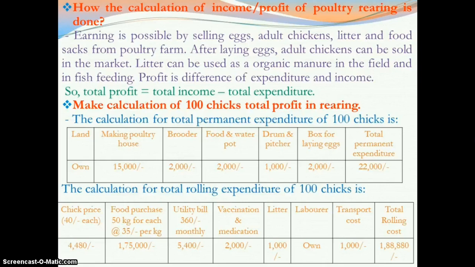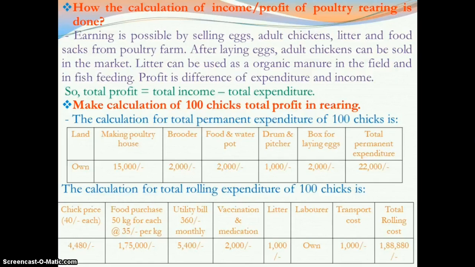Utility bill, if we take 360 per month, is 5,400. Vaccination and medication, total we have calculated, is 2,000. Litter, that is the poultry bed, is 1,000 taka. Labor cost, if we think that the farmhouse owner himself is involved in the farm, then there is no cost. Transportation cost should be 1,000.